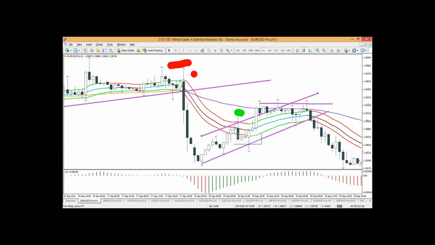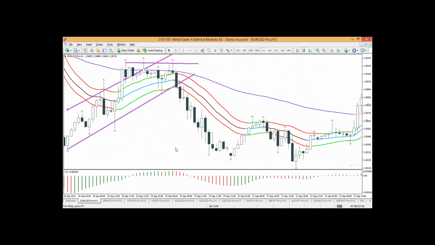Or if you traded against the trend and took this pin bar off the bottom, some profit, but not as much as trading with that momentum here.